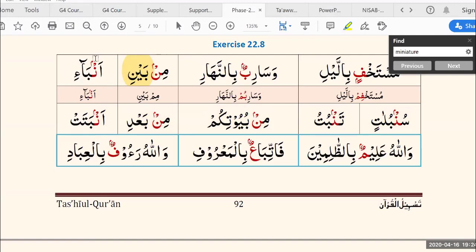Okay, can you say this word again? Anbiya'i. Okay. I'm not sure why you are saying like that. The letter ba has a fatha stroke, right? So it's not bi, it's ba, right? Yeah, I get it. Okay.